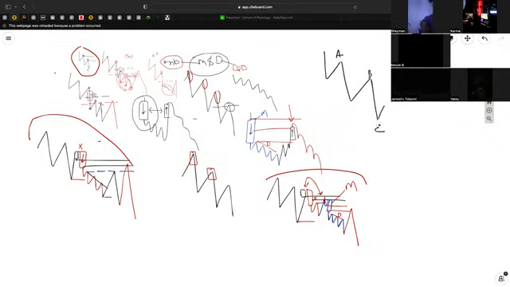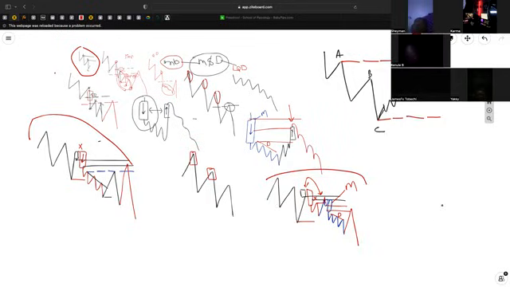Seeing this ABC now, what does this tell me? Let's say this is where price is right now. This tells me that this is my trading range. I'm not going to be wasting our time much today. This is my trading range, trading range 1.